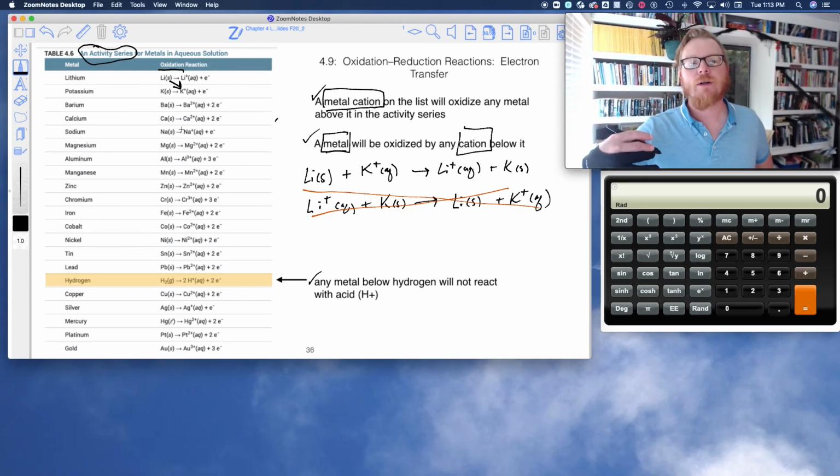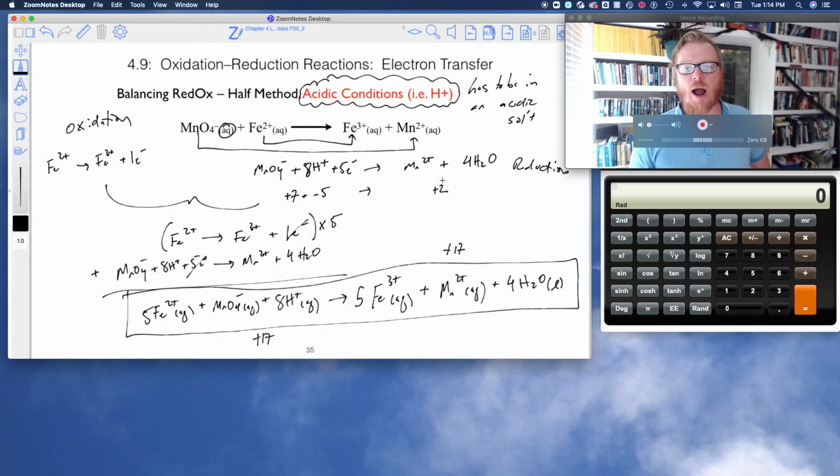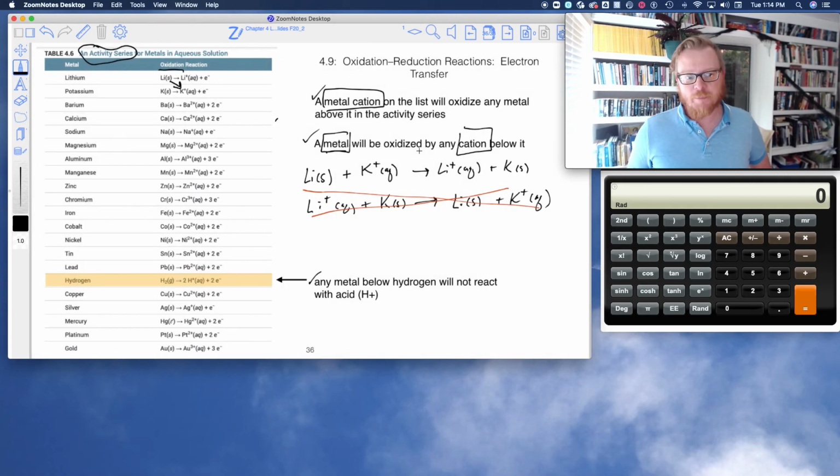So now, why acid? In this problem, we had to have acidic conditions for this thing to go. And I haven't shown you the activity series of permanganate with iron, but essentially the reason for having to include acid in some redox reactions is because, if you look at this right here, any metal, so remember the metal in this table, those are all the things on the left, all the reactants, they're not the cations, the metal.